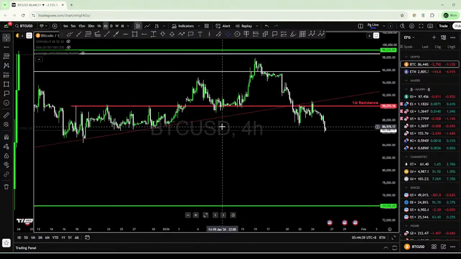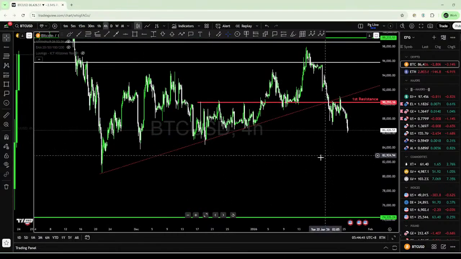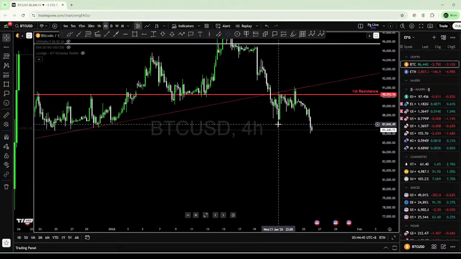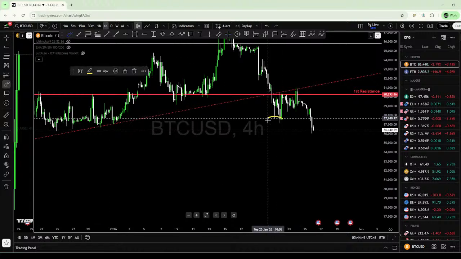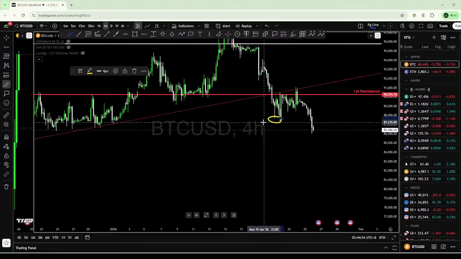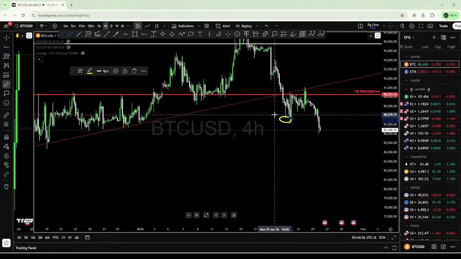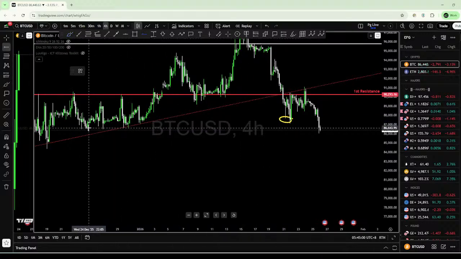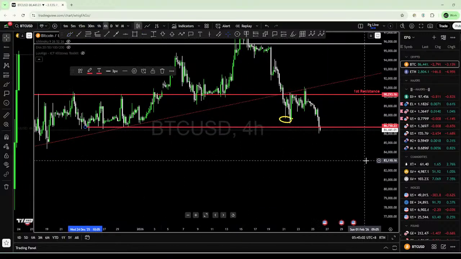We go to H4. Okay, in the H4 time frame, price has broken and closed below this low. The recent low is here, about 87, and this is right now the support level.